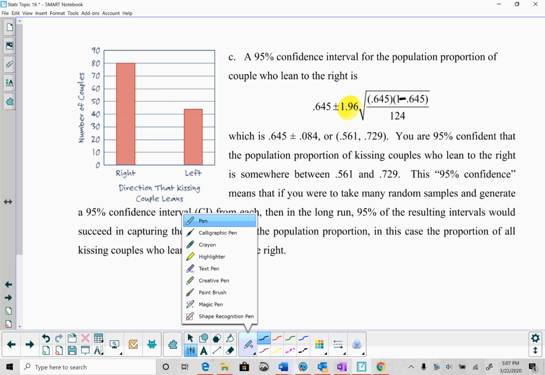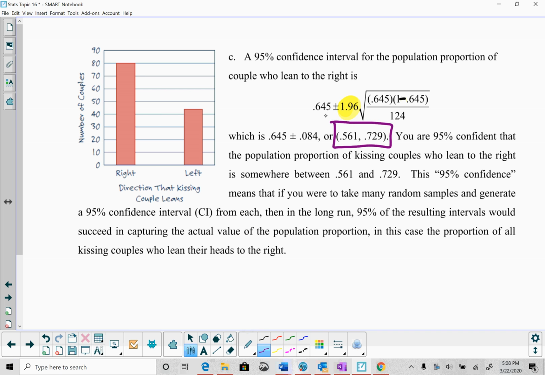So then we'll get a lovely little confidence interval here. We are 95% confident that the proportion of all the people kissing in public who lean to the right is somewhere between 56% and 73%. Okay.